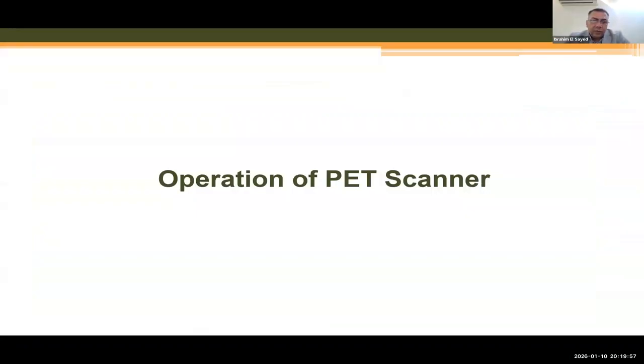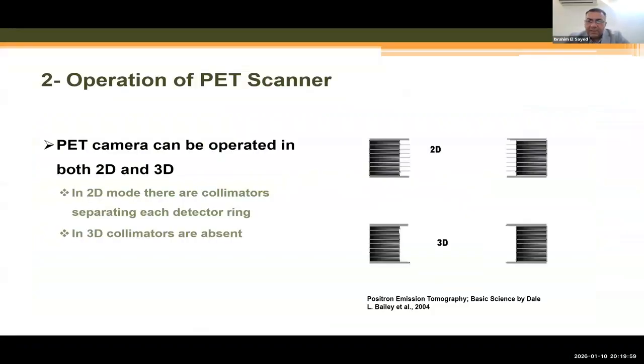So let's move to the operation of the PET scanner. PET scanners can operate in fundamentally different geometrical modes, each of which has its own advantages and limitations. Understanding these modes is essential for choosing the appropriate protocol and recognizing mode-specific artifacts. Of course, all of us know we have 2D and 3D. 2D is now not found in any new scanner. It was found in the early GE scanners with BGO detectors.